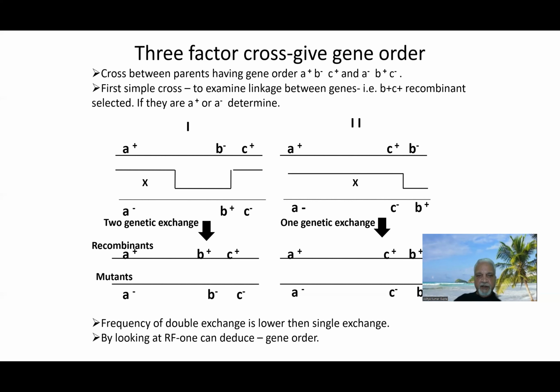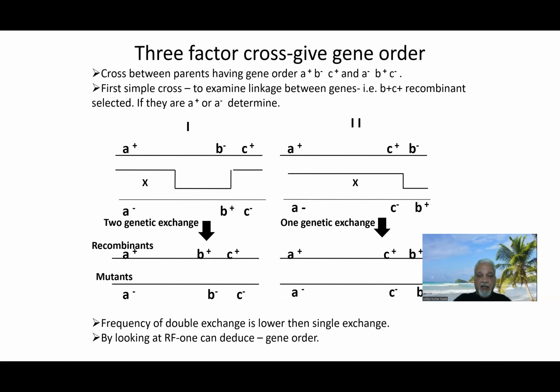Now let us look at what is happening here. If there is a cross between these two parents, and we look for B plus C plus recombinants, we ask whether that B plus C plus is A plus or A minus.